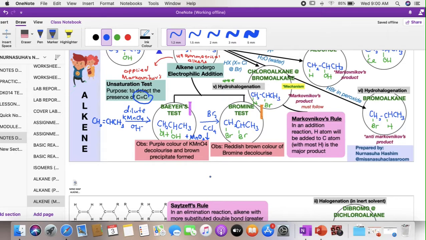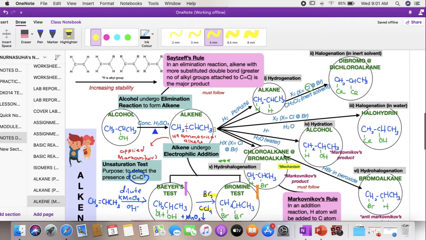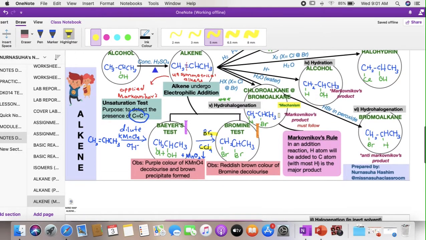Second test is bromine test. Nama pun bromine test, jangan letak klorin. So you need bromine in the presence of inert solvent. CCl4 ni adalah inert solvent, ataupun CH2Cl2, dichloromethane. So produk dia adalah double bond putus jadi Br, sama macam halogenation in inert solvent tadi.